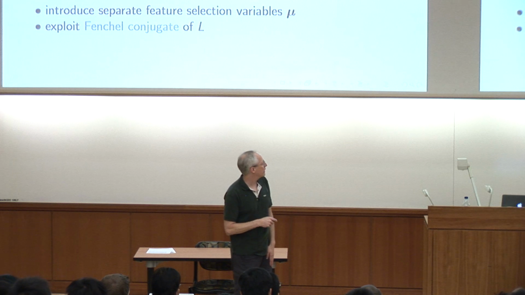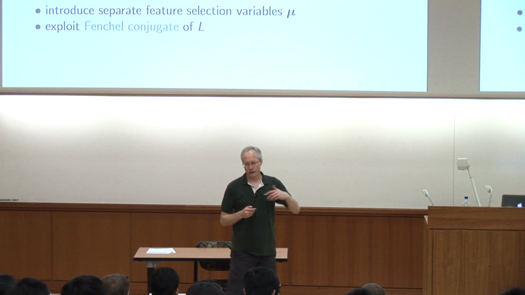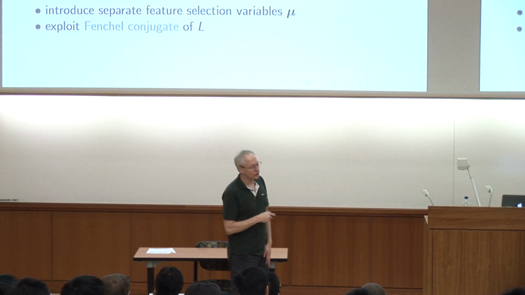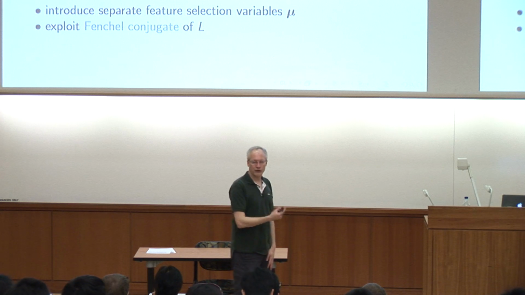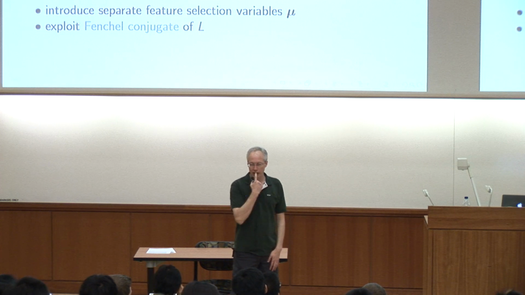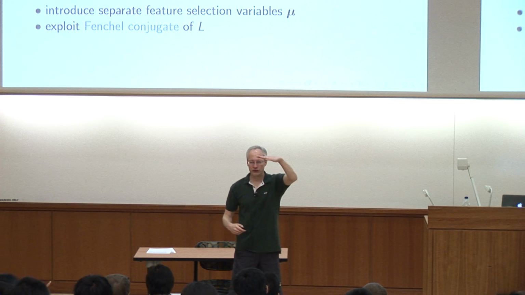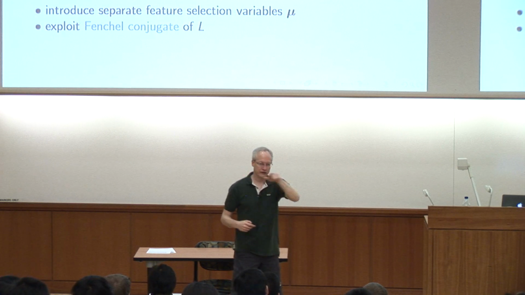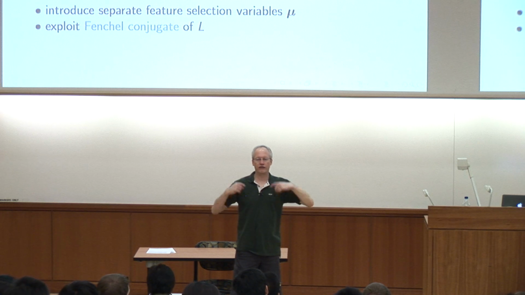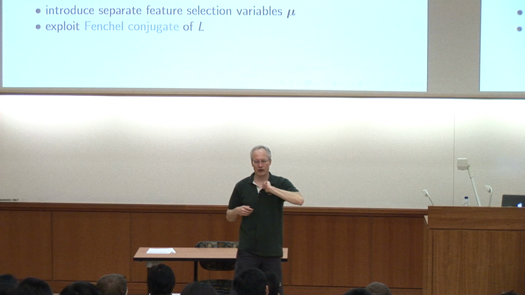The way we can combine these is with a little bit of indirection. What I'll start showing you next time, before I go on to other generalizations, is how we can do kernel selection, combining L1 and L2, with a bit of a cheat. We'll introduce a new auxiliary set of variables, which are feature selection variables. So we'll have two sets of variables on the features: the original weights on features, and a new parallel set of weights on features, which are meant to be feature selection variables that go to 0 and remove features, but aren't really supposed to be modeling the data.